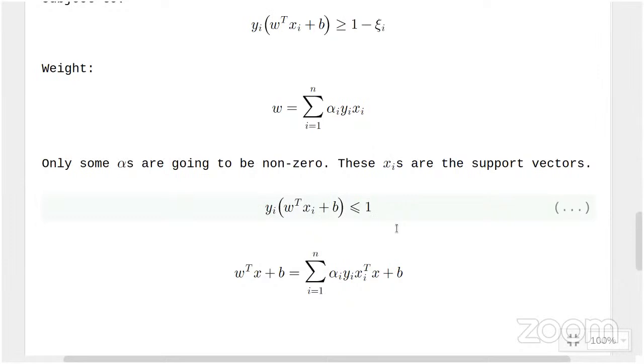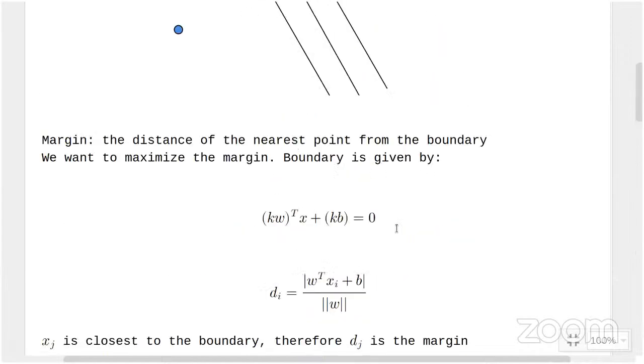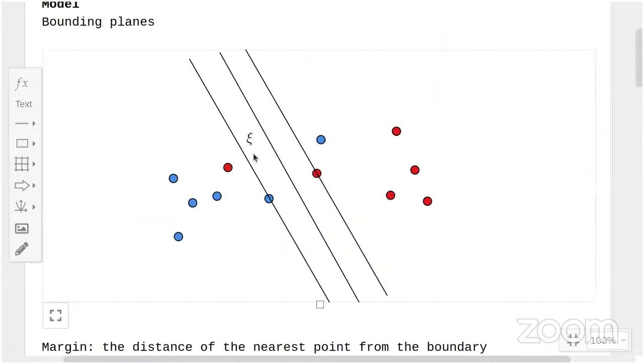Those that are on the bounding planes or points that violate the margin are all going to be support vectors. So for example, in this case, you are going to have these two as support vectors. These two are also going to be support vectors. Is that clear? There are four support vectors here for the soft margin case.